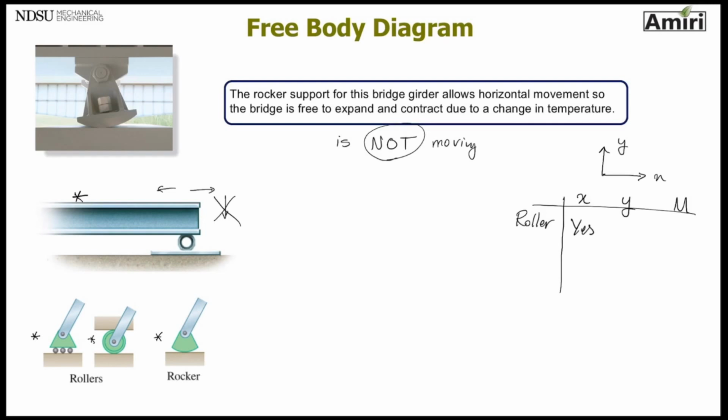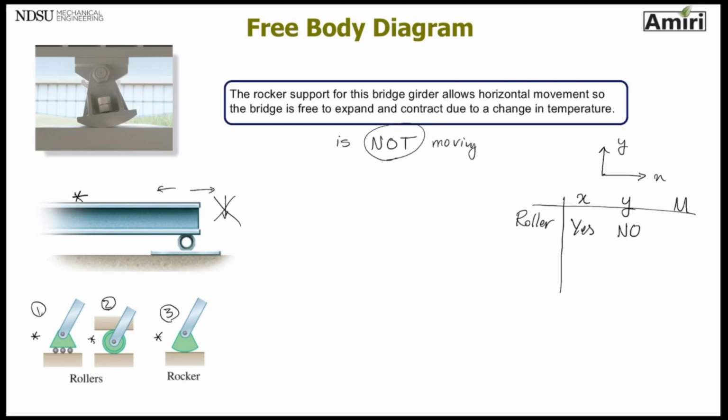So I put yes. Can any of these figures down here move up and down? If I number them 1, 2, 3, two of them can move up, but none of them can move down, and the middle one cannot move up or down. So I'm just going to write no, because there is a restriction on y-axis movement.